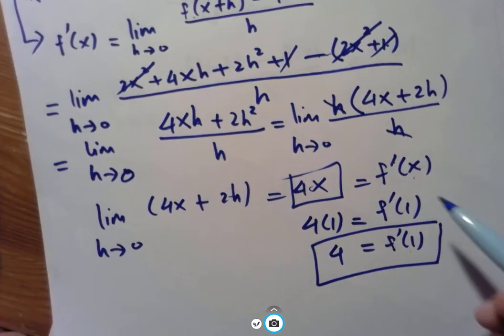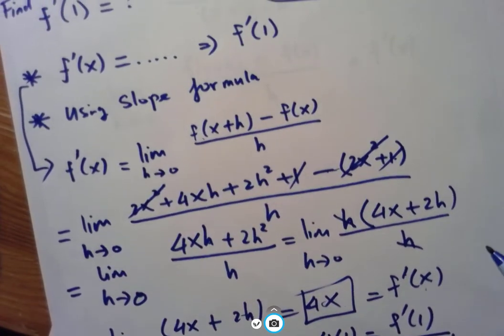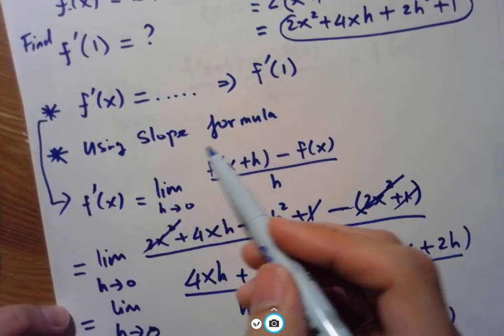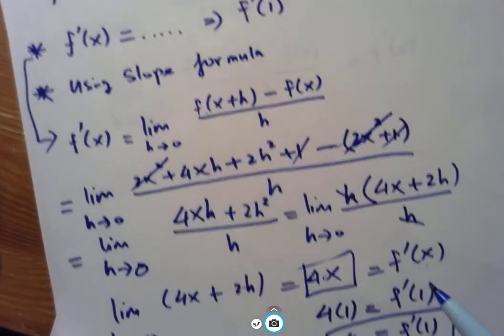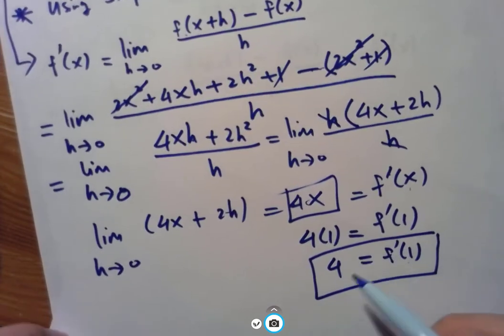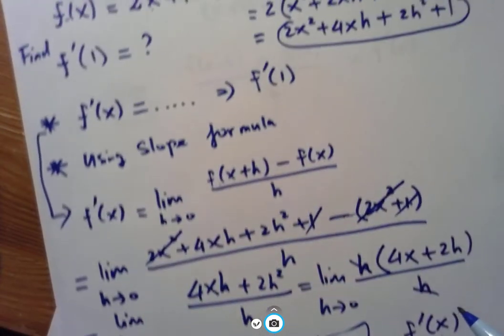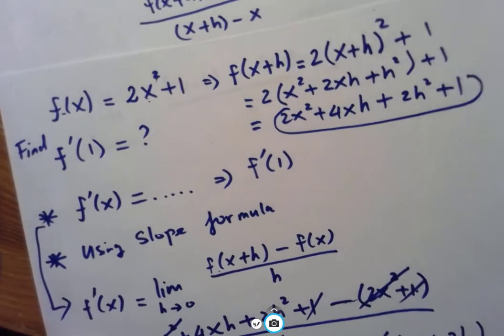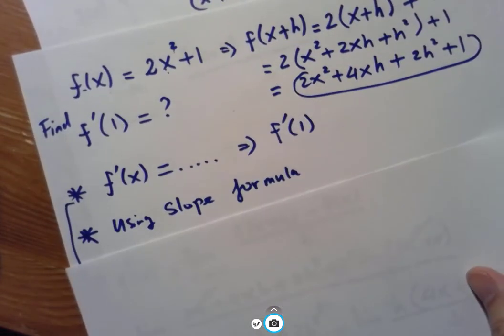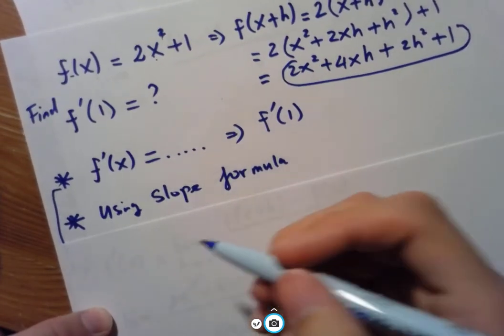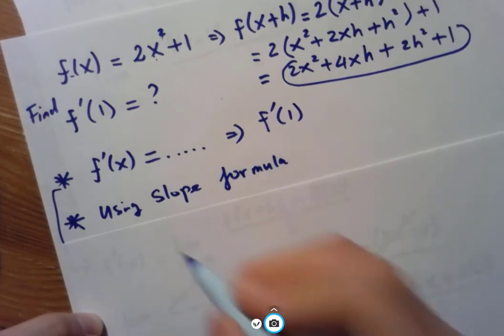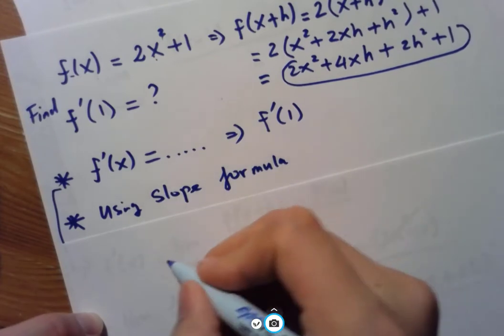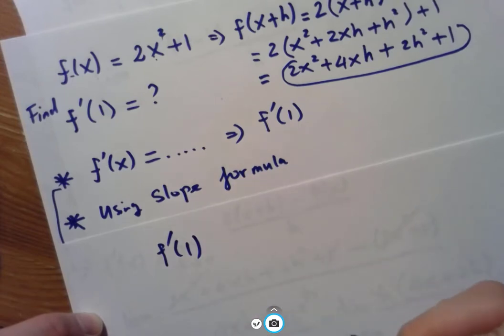However, if you didn't follow this way and use the slope formula instead, we can end up with similar values. So let's try another page here. If I use the slope formula, I must have 2 points because I'm looking for f prime of 1.